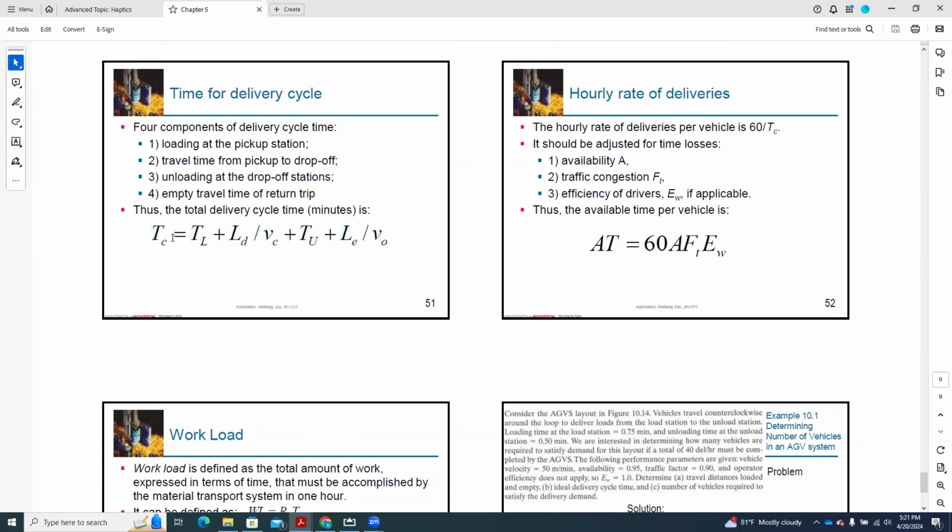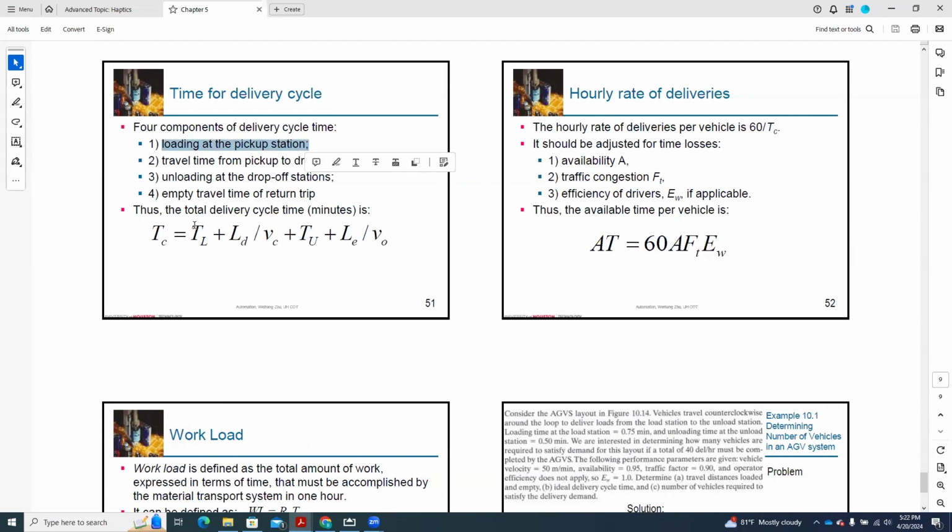And on this one there are 4 things. TC is the delivery cycle time. A vehicle has to pick the object, load it at the pickup station, travel to a drop-off station and drop it off, which means unload, and it has to return back to its resting area, wherever it is. So there are 4 times associated with it.